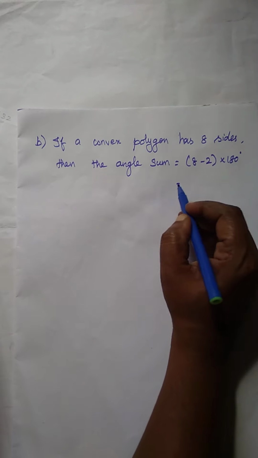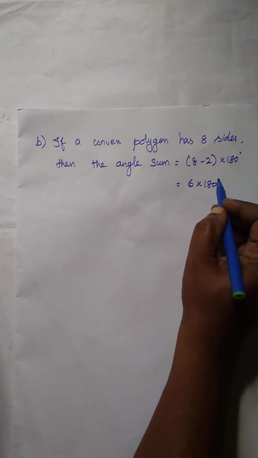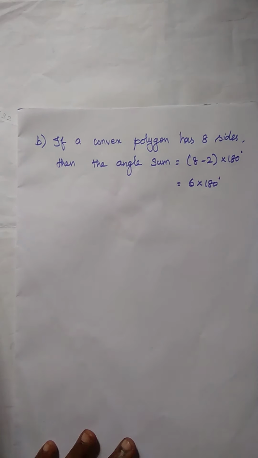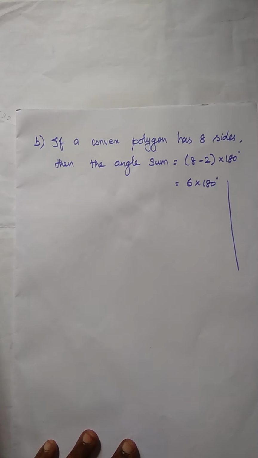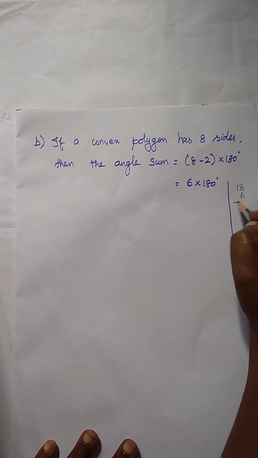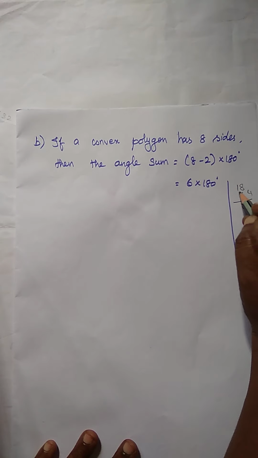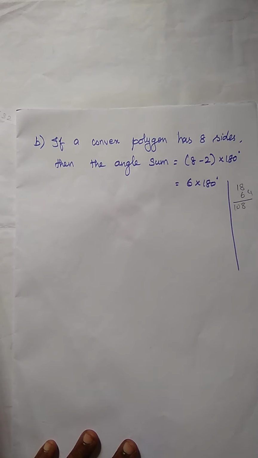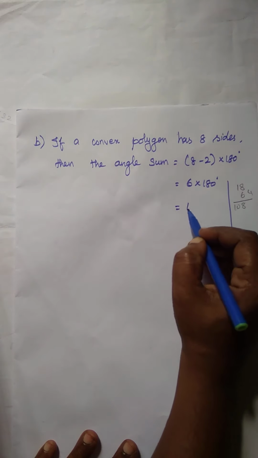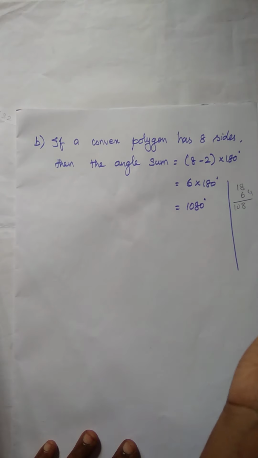Very good. Now 6 into 180 degrees. In your rough column you multiply 180 into 6. 18 into 6: 6 eights are 48, 4 carry, 6 ones are 6, that is 108. So now the answer is 1080 degrees.